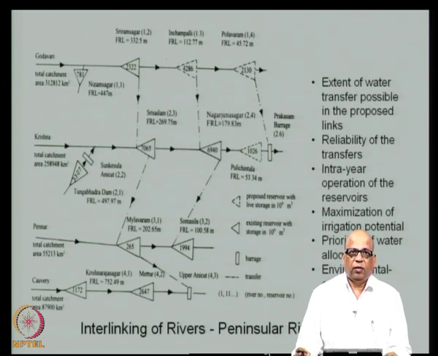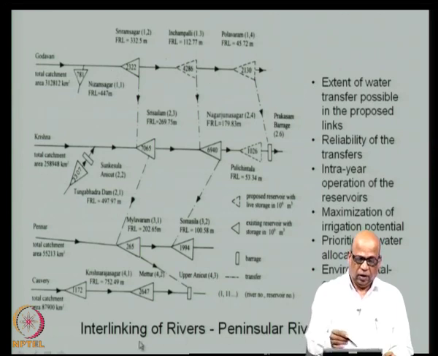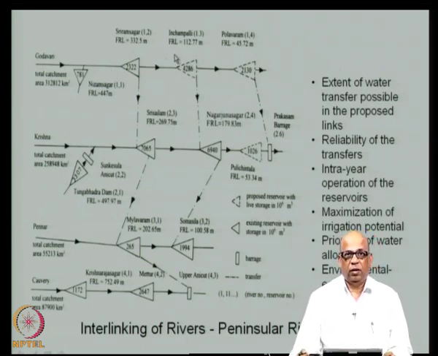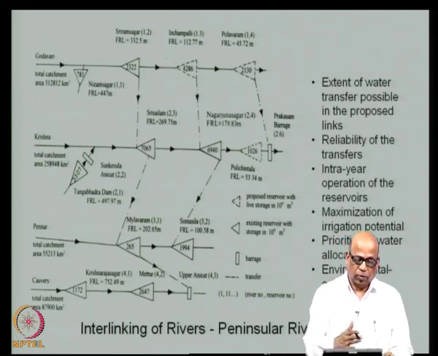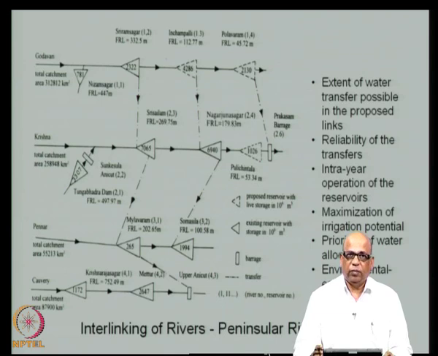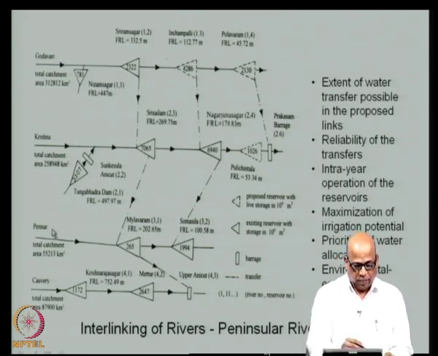Another classical example where we use systems analysis is when you have interlinking of rivers. An often talked about large scale project in India is the interlinking of rivers, where if you look at just the peninsular river system, you have the Godavari, Krishna, Pennar and Kaveri.